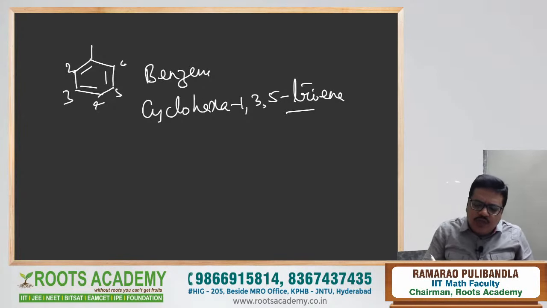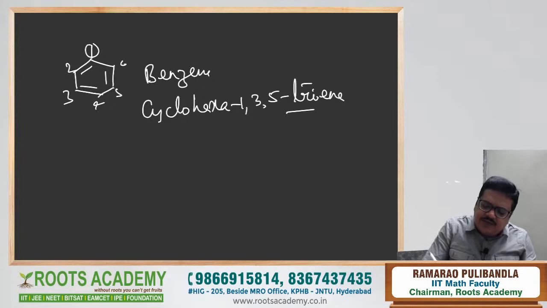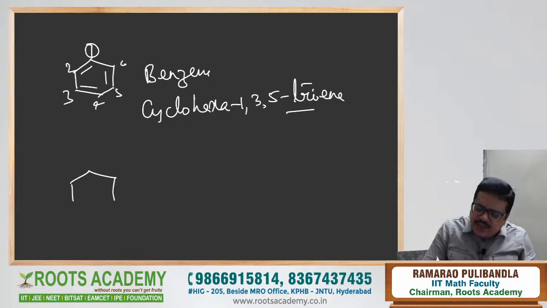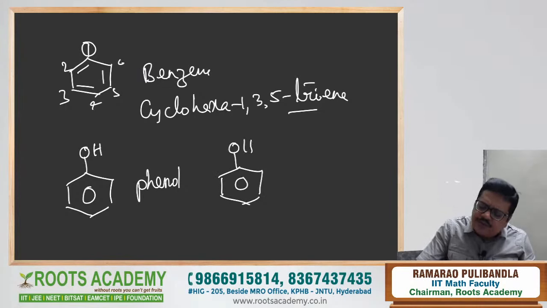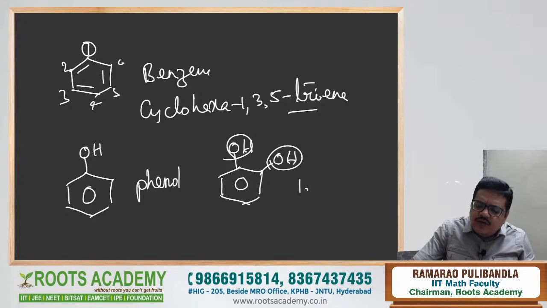Okay, now if you are seeing a benzene ring connected by one functional group, then it is called phenol. If the benzene ring is connected by more than one functional group, then this is a derivative of benzene. So 1,2-dihydroxybenzene.